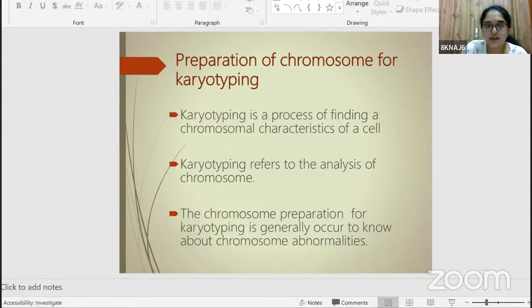Karyotyping is the process of finding the chromosomal characteristics of the cell, which refers to the analysis of the chromosomes and preparation of the karyotypes. The objective is to use G banding landmarks to identify the individual chromosomes.